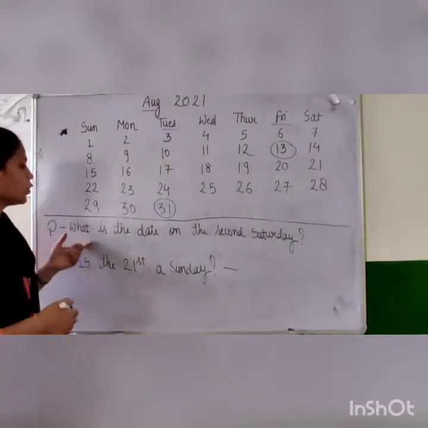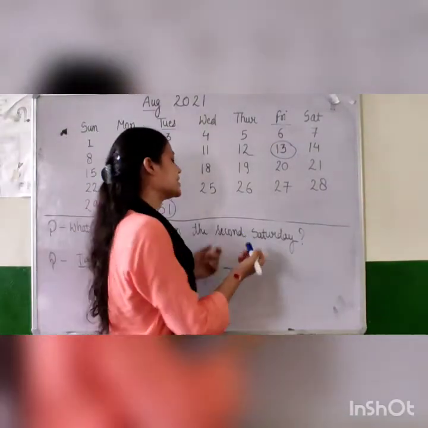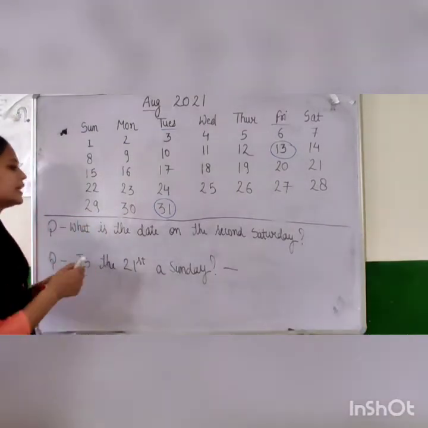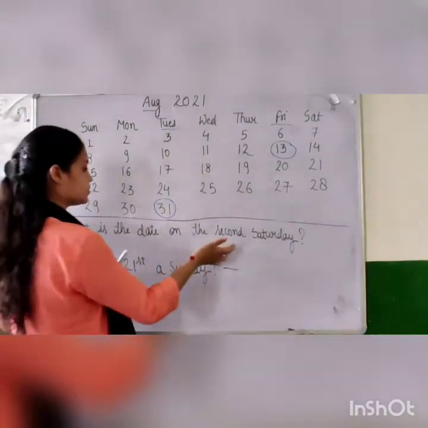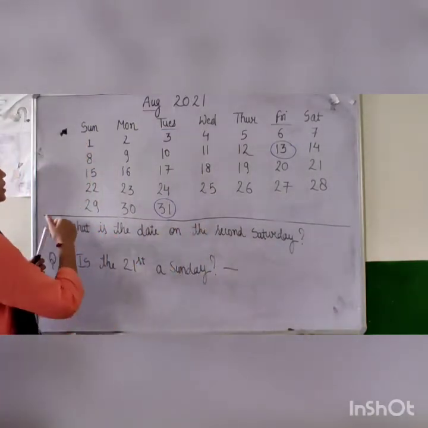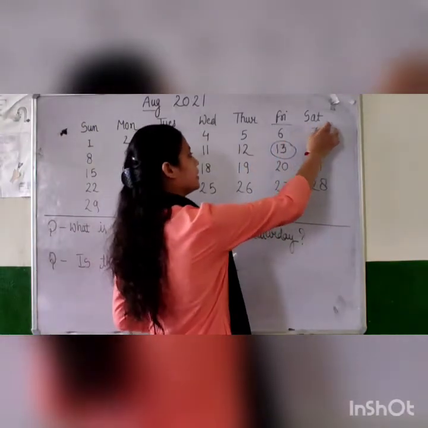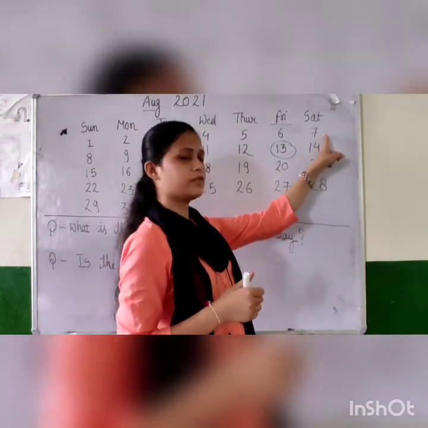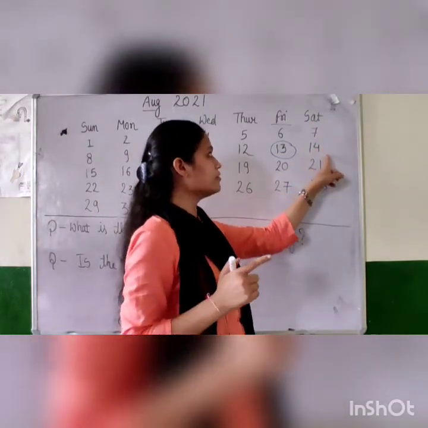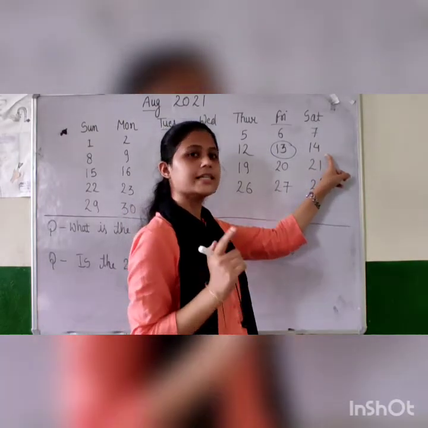Next question is, what is the date on the second Saturday? Let's first find the second Saturday. This is our Saturday, this is the first Saturday. 7th of August was the first Saturday, and 14th of August was the second Saturday.